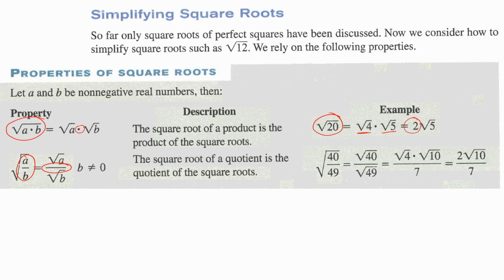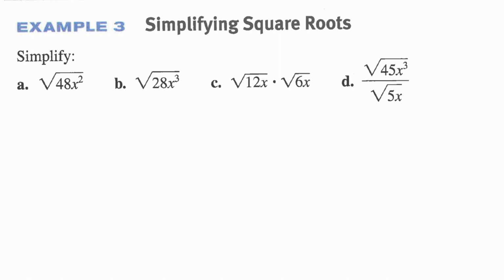Same thing on this example with square root of 40 over 49. 40 is 4 times 10, so 2 rad 10. The square root of 49 works out nicely to 7. Okay, so remember your list of perfect squares: 1, 4, 9, 16, 25, 36, 49, 64, 81, 100, 121, and 144.